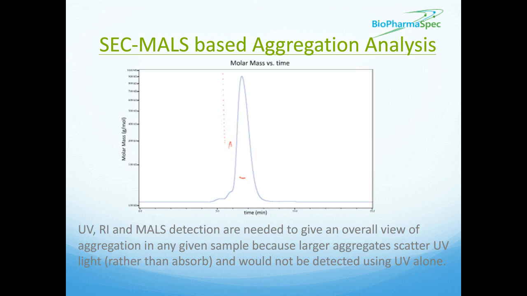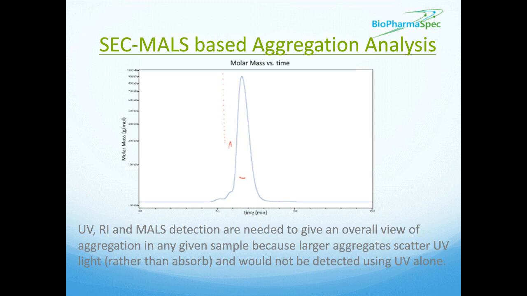And in this case, when you look at the red dotted lines, what you're seeing is the output from the MALS detector, and here you have clearly the monomer, the dimer, and for the first peak, the smallest one, we're not actually getting a MALS reading, because we've actually reached the limit of separation of the SEC column that was used.